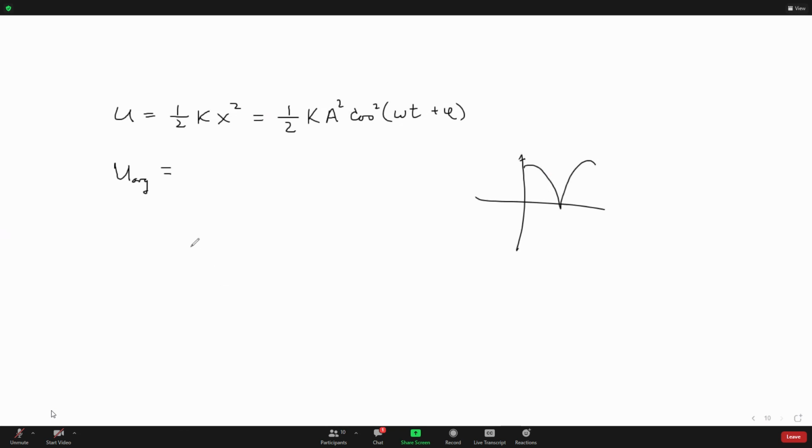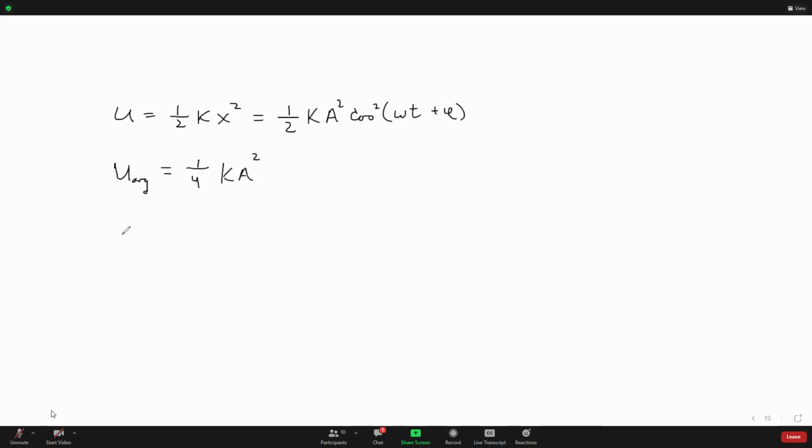You can calculate that if you want, but you can just take my word for it. So the average value of the cosine squared or the sine squared over one period is equal to 1/2. That means the average potential energy is 1/4 ka squared.